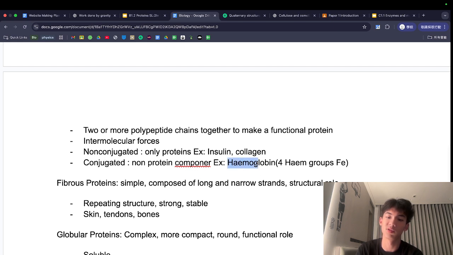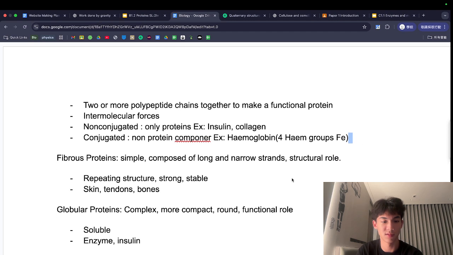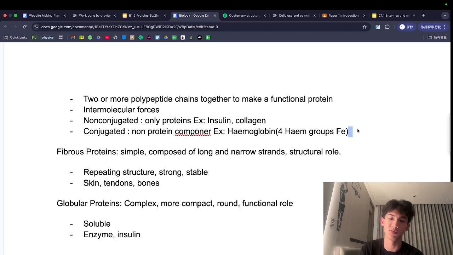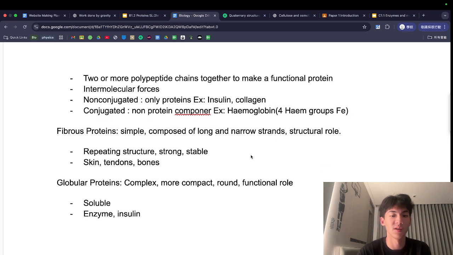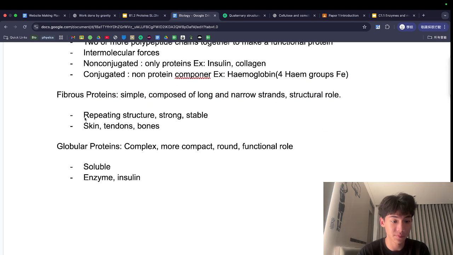An example is hemoglobin, because it has four heme groups, and each has iron in it. This is why we have iron in our blood, and it is used to take in oxygen, and so oxygen will travel in the bloodstream and be carried to the organs.